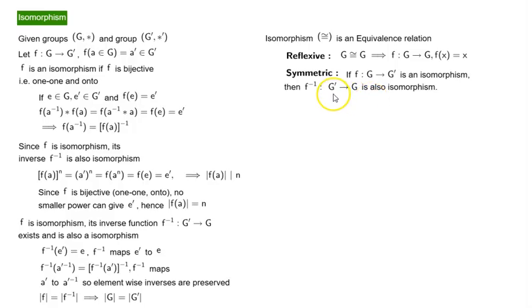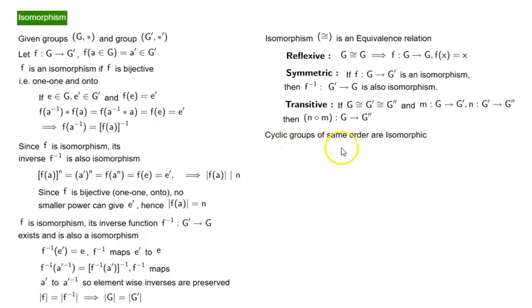So that means that it is symmetric. Now, transitive: if G is isomorphic to G prime, which is in turn isomorphic to G double prime, and M maps G to G prime and N maps G prime to G double prime, then the composition of M and N, that is N composed with M, maps G to G double prime. So since it is reflexive, symmetric, and transitive, we can say isomorphism is an equivalence relation.